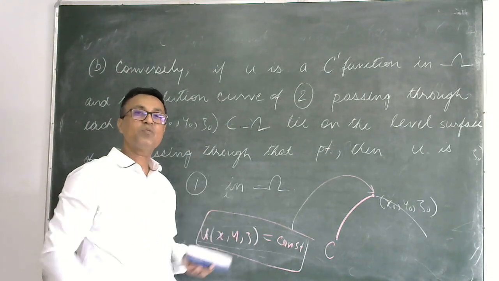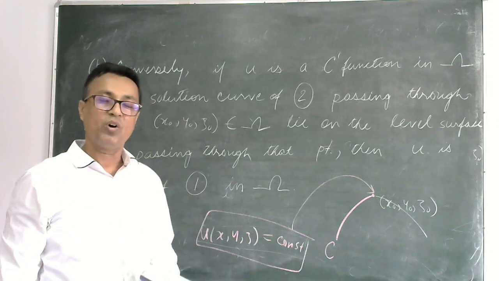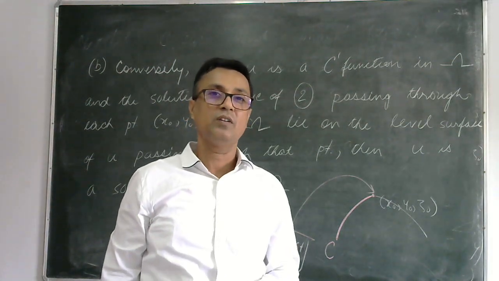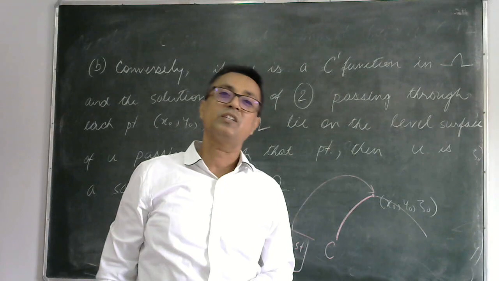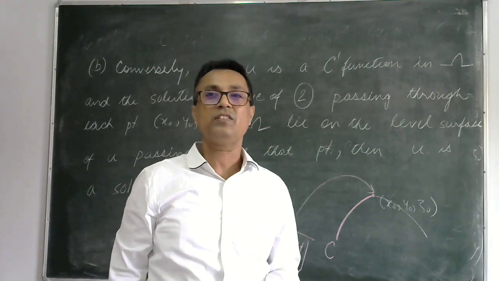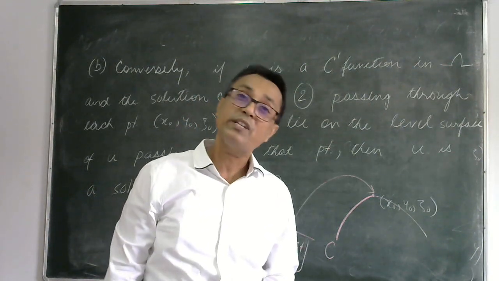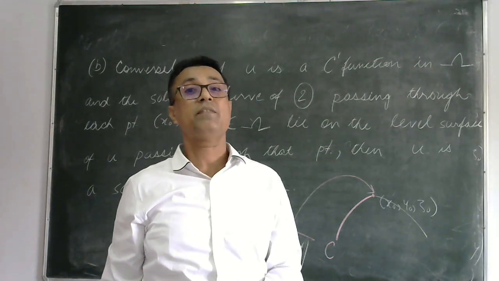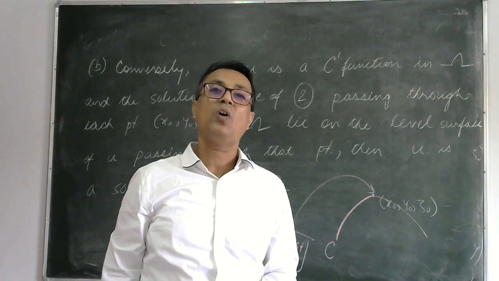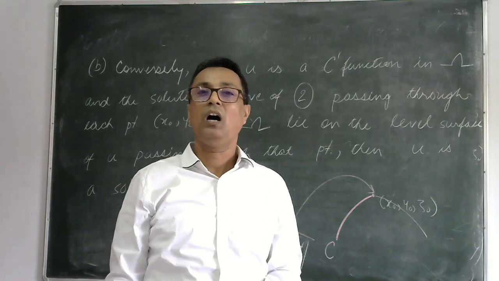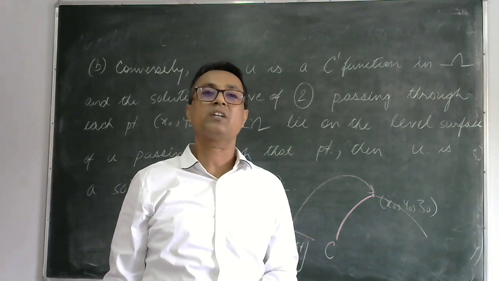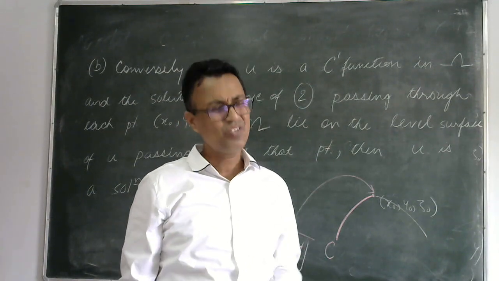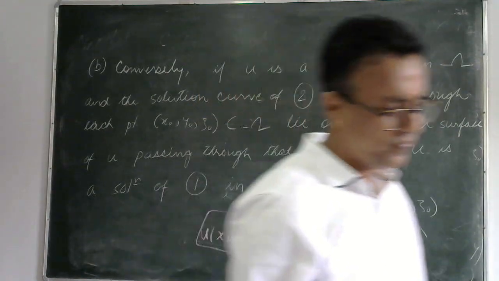Okay. So basically, you take a particular point, right? Through that point, you have an integral curve, right? And then you consider a level surface on which that integral curve lies. Then the function for that level surface is a solution of the given differential equation p u_x plus q u_y plus r u_z equal to 0. I think you can easily prove it. Can you prove it?